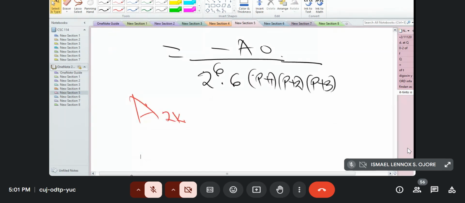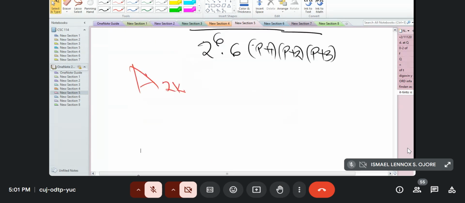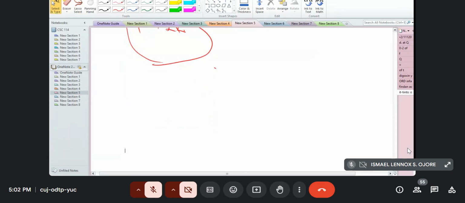When k is 0, you'll get a2. When k is 2, you get a4, and so on. So we can obtain an expression for a sub 2k by just observing the pattern using the first three terms that we've derived. We have a2, we have a4, and a6.